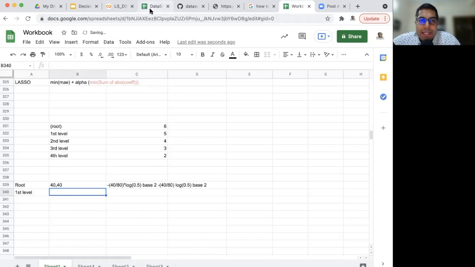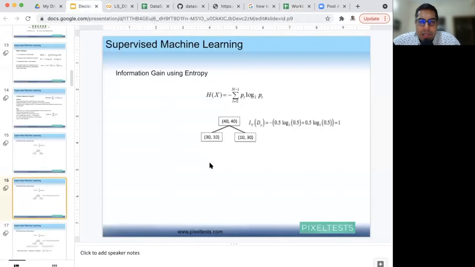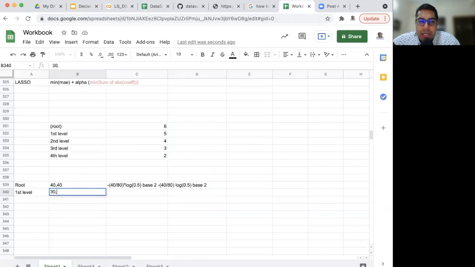Okay. Next, first depth, first level. So now there are 2 guys here. So let me look at both these guys. 30-10 and 10-30. So first level has 2 elements. So I'm going to write both of them separately. So minus, guys, help me out here. 30 divided by, again, 40 elements. Log 3 divided by 4 base 2.